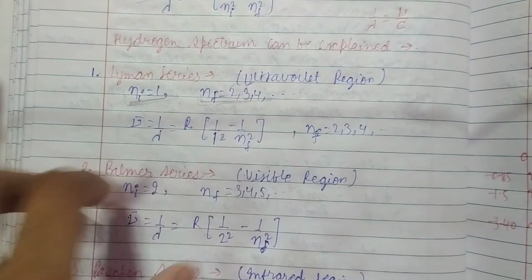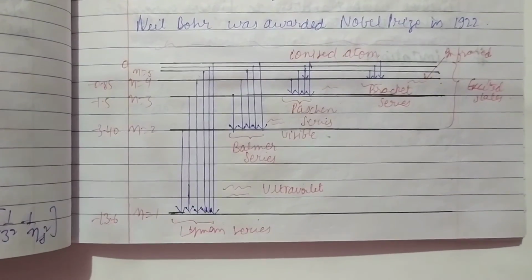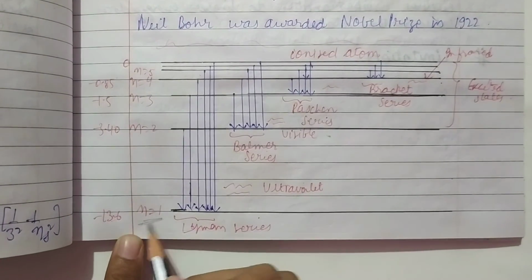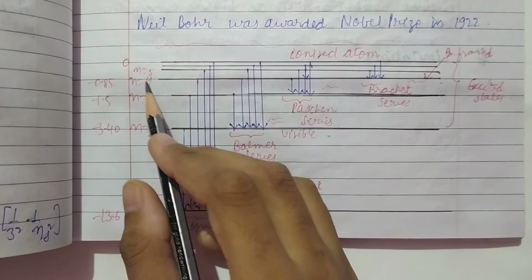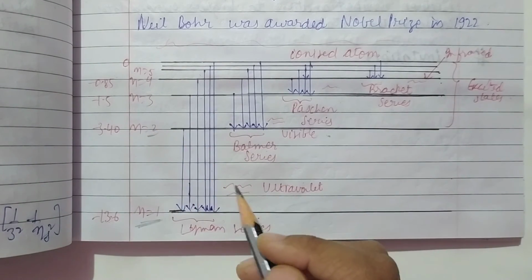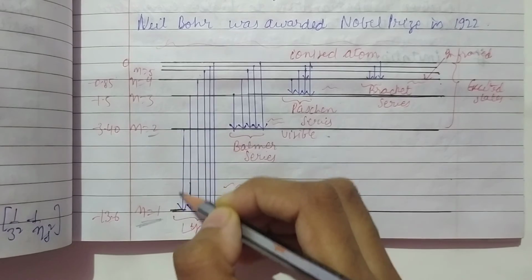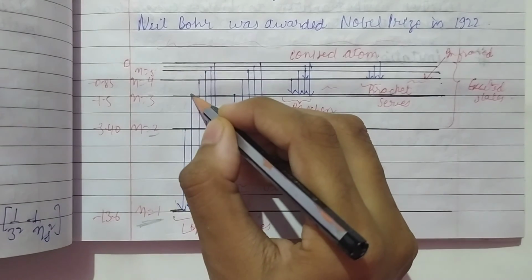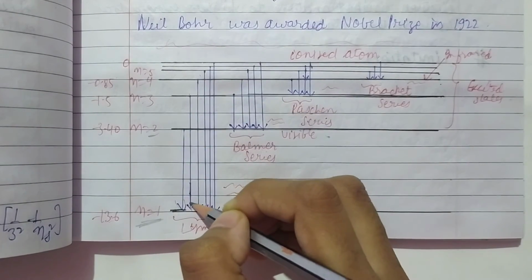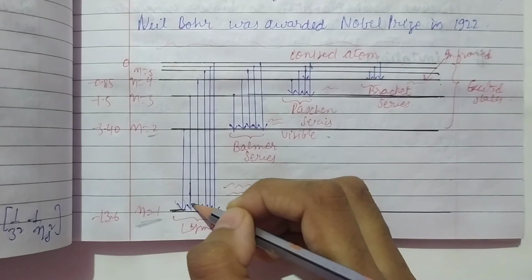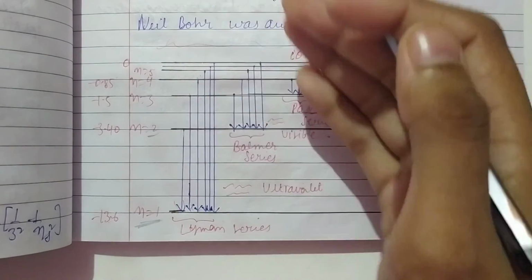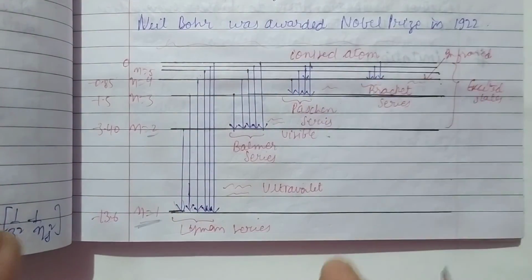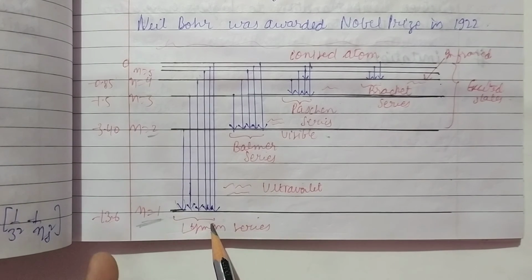As we can see from the diagram, this is the first level, second level, third and fourth, and so on. So the series starts from the second and falls to the first. Again, from the third level it goes directly to the first, from the fourth it also goes directly to the first, and so on as the levels proceed. The only thing is that the series will end at the first level only. So these are known as the Lyman series.